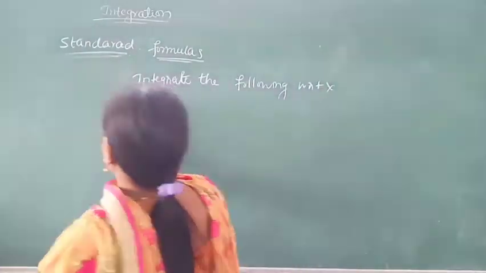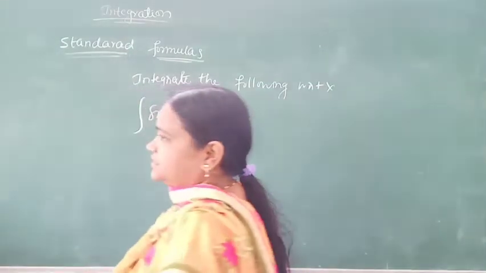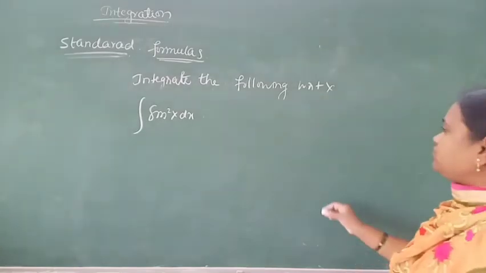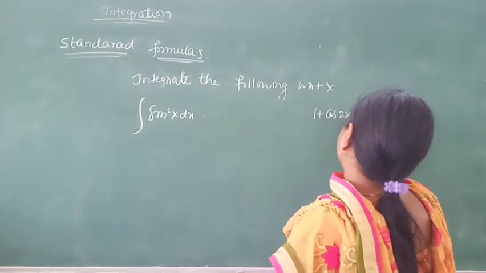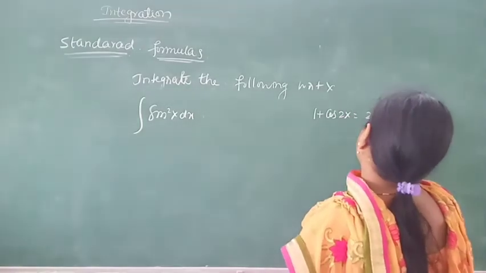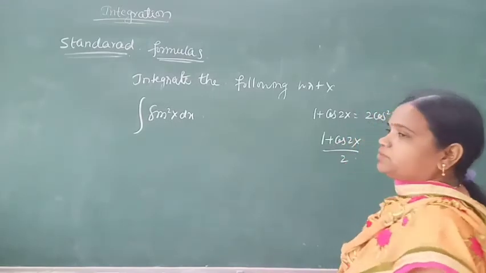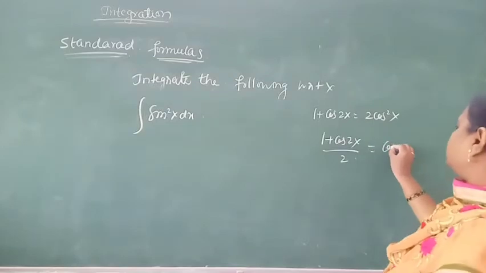Next example, integration of sin square x dx. See, we have the formula 1 plus cos 2x is 2 cos square x, means 1 plus cos 2x by 2 is cos square x.